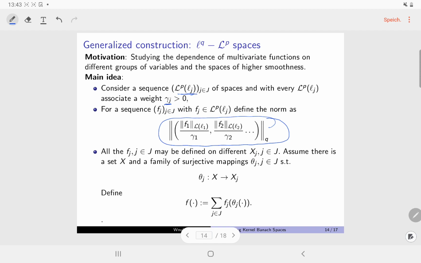Those norms in the LP spaces are weighted by 1 over gamma J.